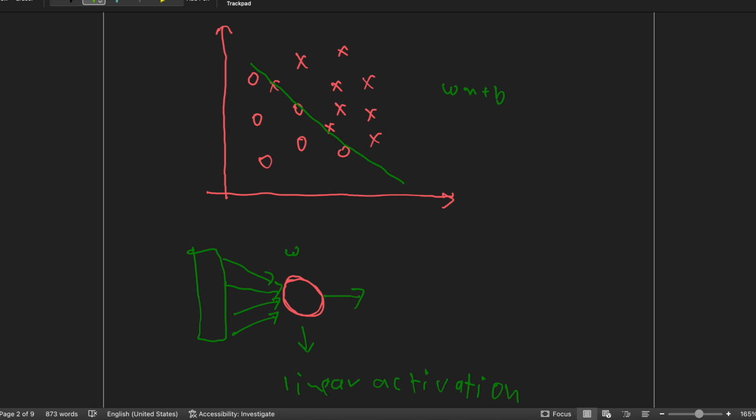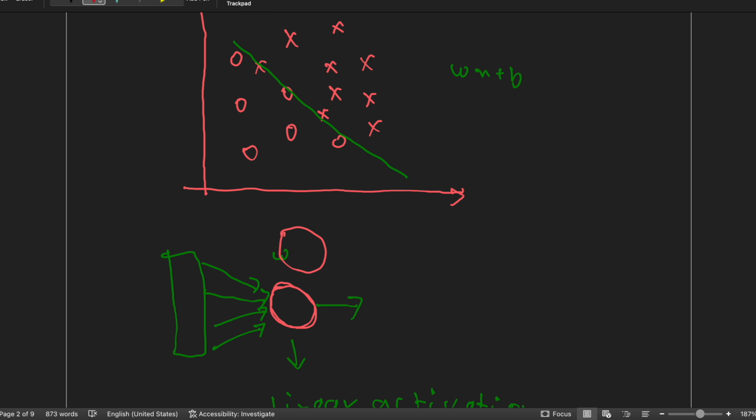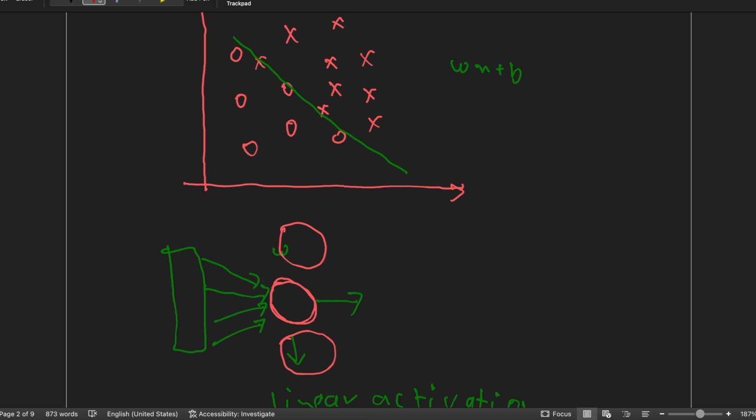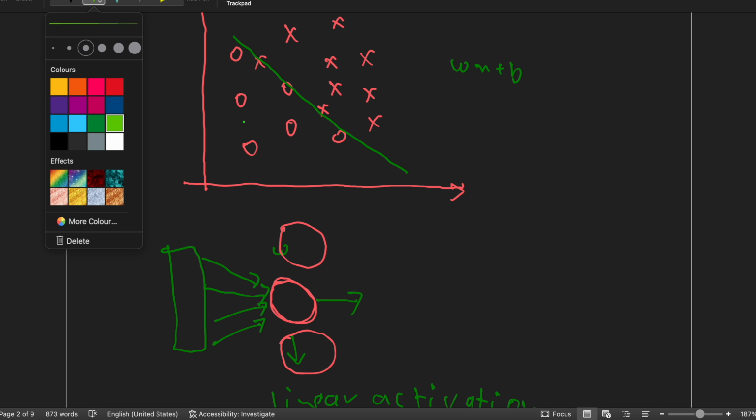But if we make our neural network bigger, if we add more layers to it, like another layer and then another layer, the lines will become more complex.